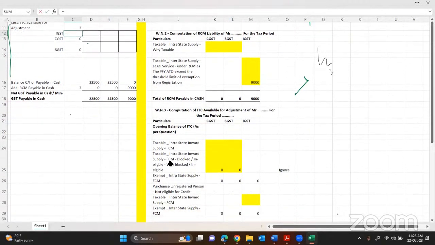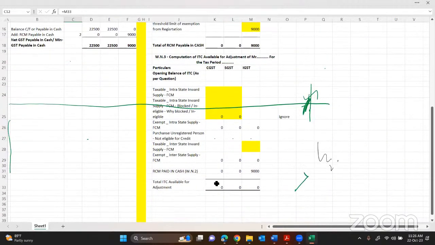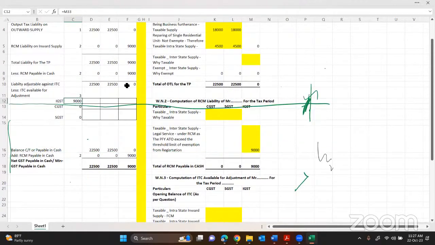Everybody, my dear. And sir, are there any ITC figures? Yeah, ITC figures are also there. We need to work on ITC figures. So I have only 9,000 IGST coming up here, but there is no IGST liability. So nothing is adjustable. Balance, I have 9,000.